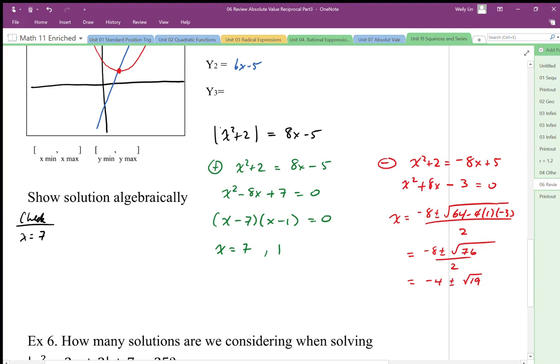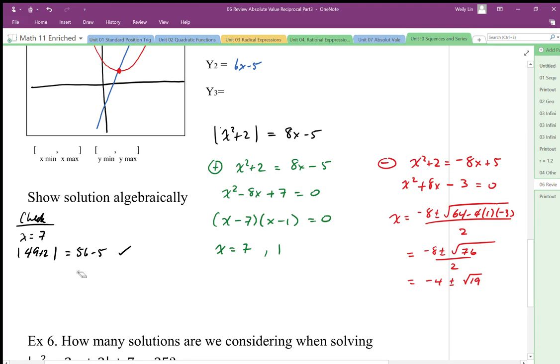So when we check it, we end up with 49 plus 2 absolute value is equal to 56 minus 5. Yeah, that's correct. We plug 1 in there, we get 1 plus 2 absolute value, and I end up with 8 minus 5, which is 3. So those both check out.